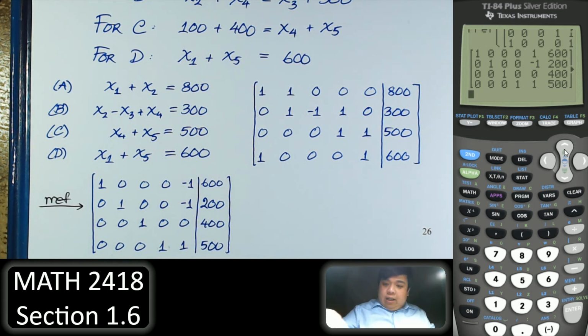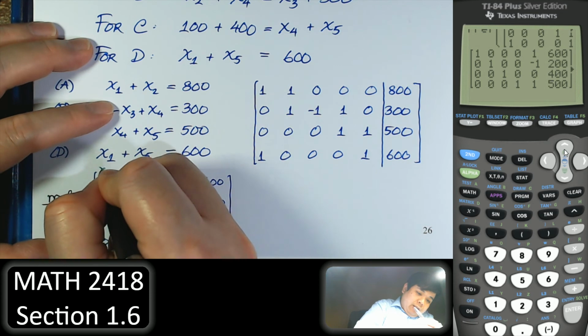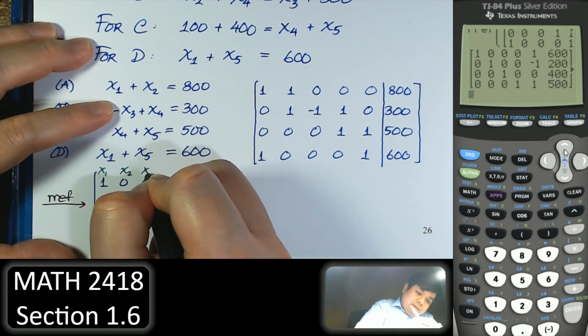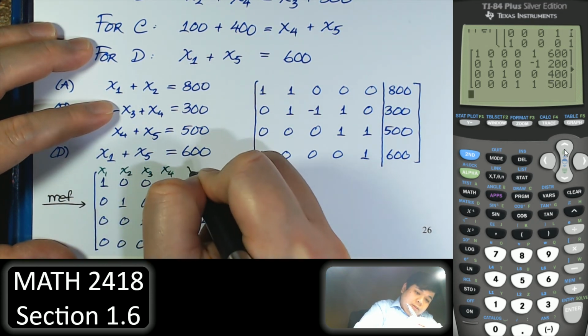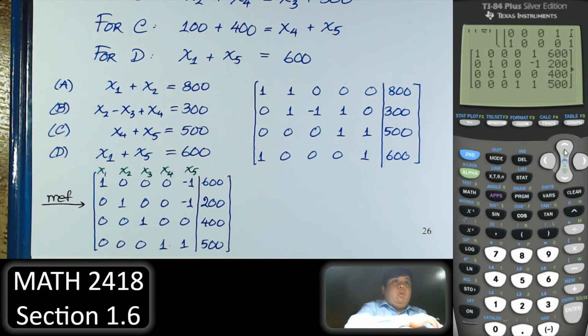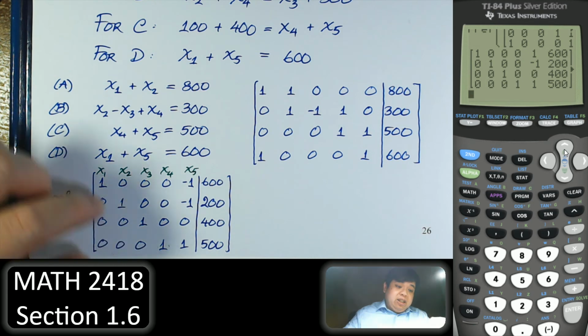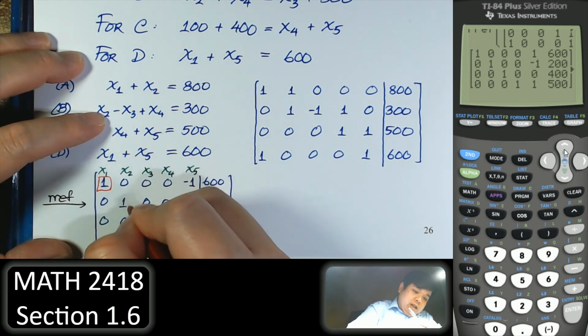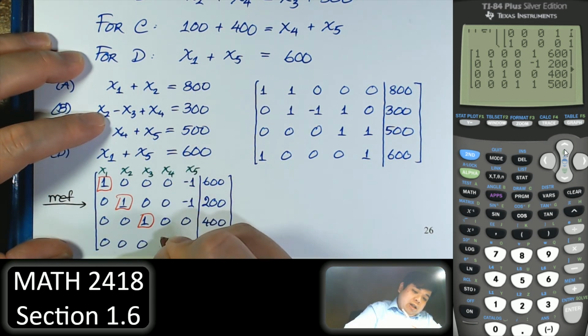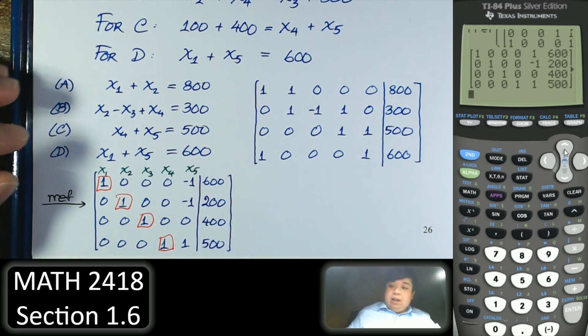Right. So once again, we have 5 variables and only 4 equations, so one of them has to be free. So x5 is free in this case because the pivots are here, here, here, and here. So that is a free variable.